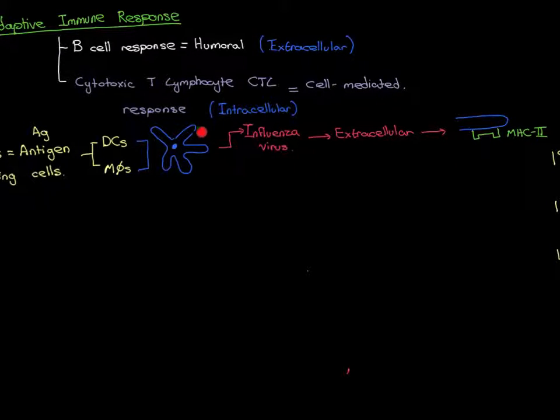So, it cuts up all the proteins of the influenza virus in random ways, produces loads of fragments, and each one is going to be put on an MHC class 2 molecule, as I will show here. So this is the MHC class 2. As you can see, it has this nice little space here, which represents a groove in the protein molecule, called the peptide binding groove.